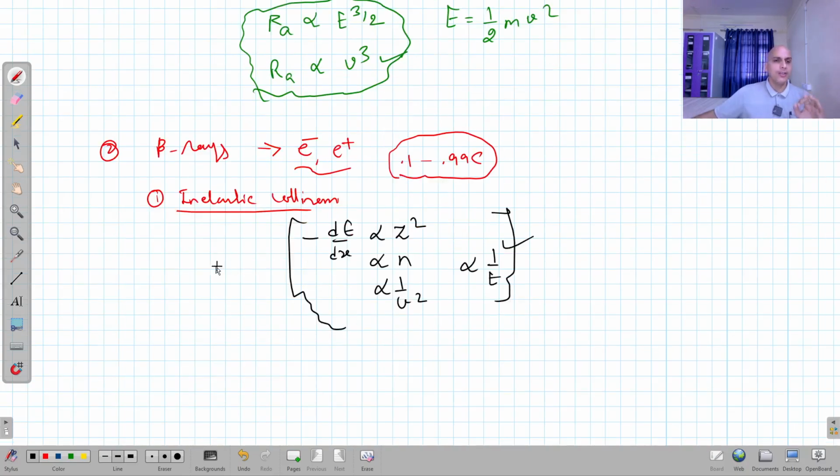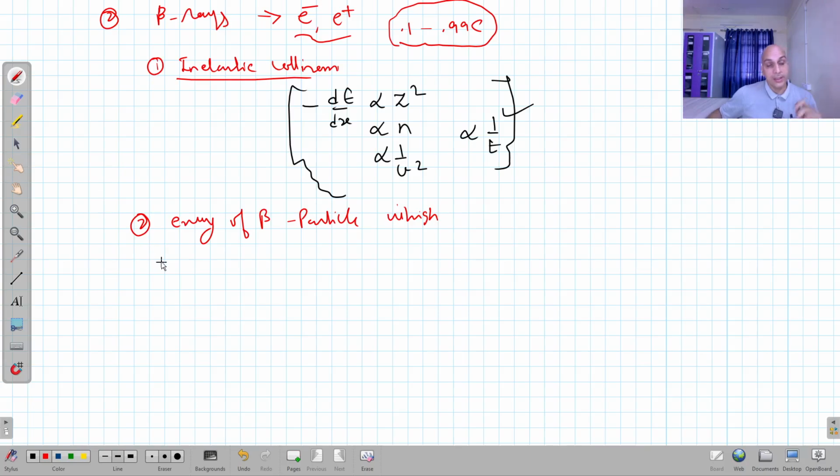But this first kind of process is dominant when the energy of the beta particle is low. But when the energy becomes high, in that case they can lose their energy in another kind of process that is known as Bremsstrahlung.